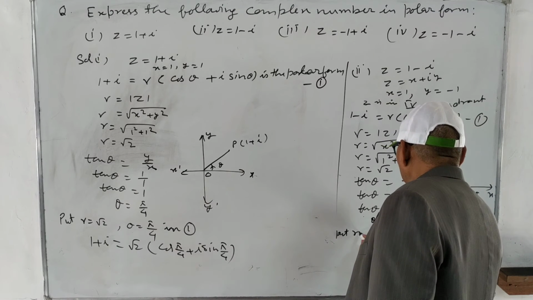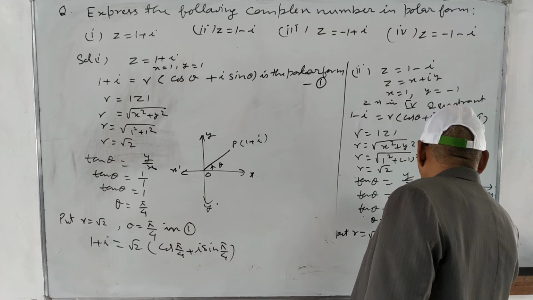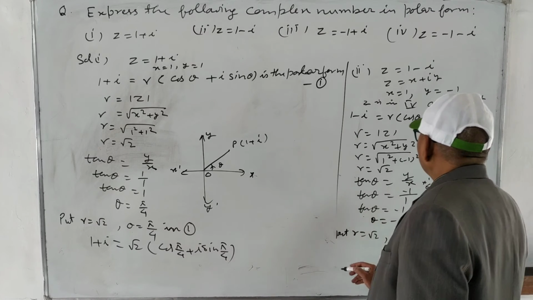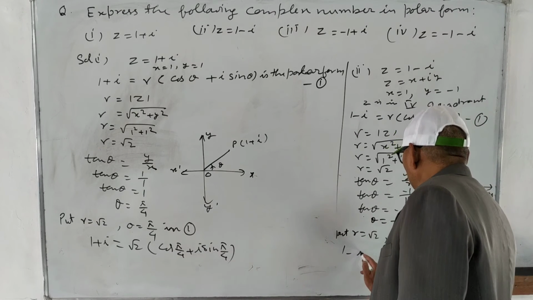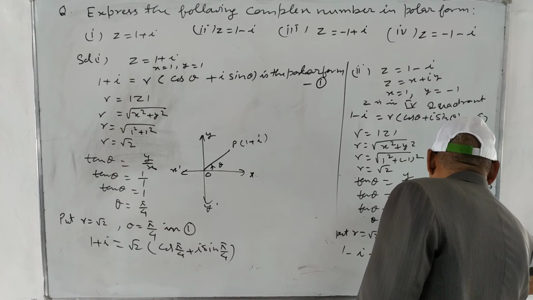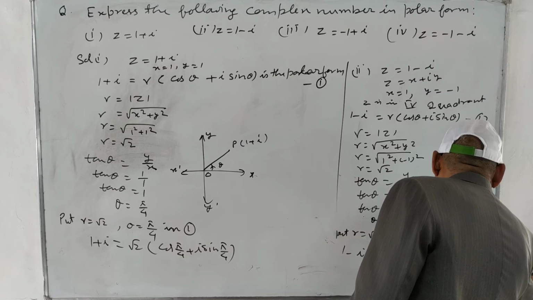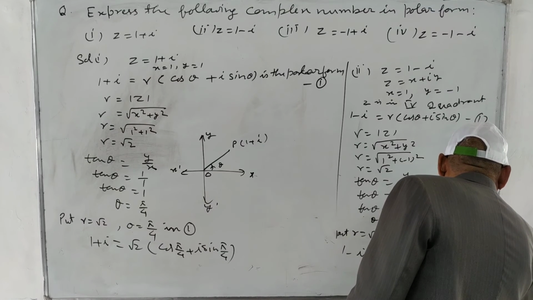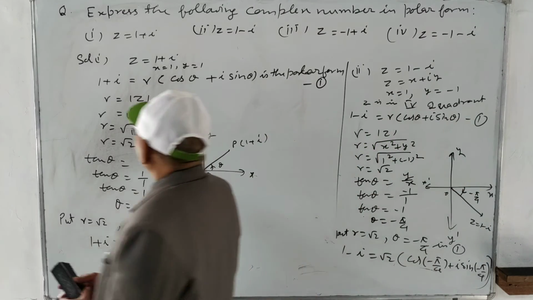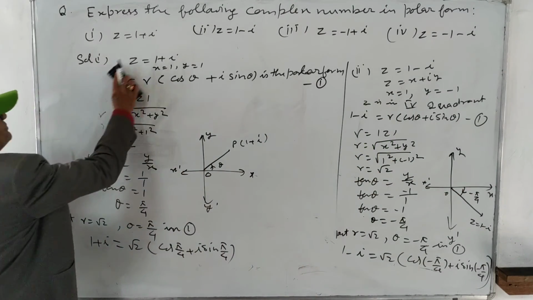Now put r equal to root 2, theta equal to minus pi by 4 in 1. We get the polar form: 1 minus i equal to root 2 in the bracket, cos of minus pi by 4 plus i sin minus pi by 4. This is the polar form of the complex number 1 minus i.